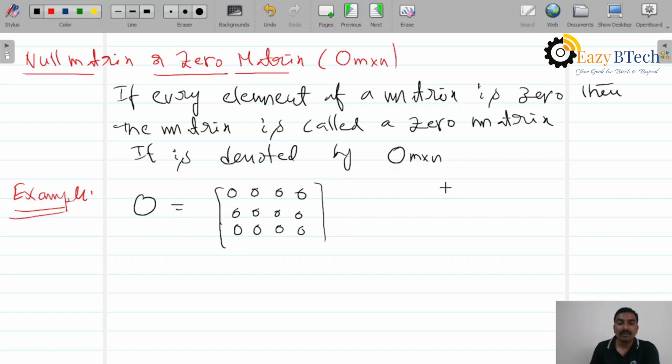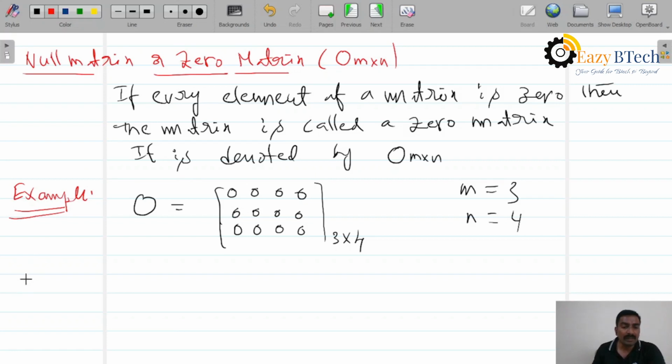Here the total number of rows is 3, and the number of columns is 1, 2, 3, 4, that equals 4. So this zero matrix is simply denoted by 0 of 3 by 4: number of rows 3, number of columns 4. Zero matrix means every element of the matrix is 0.